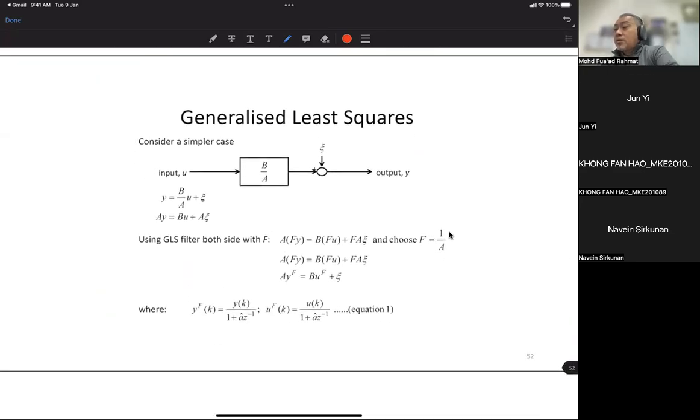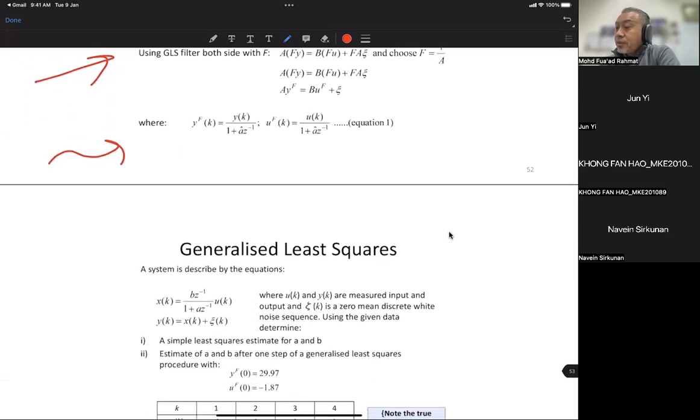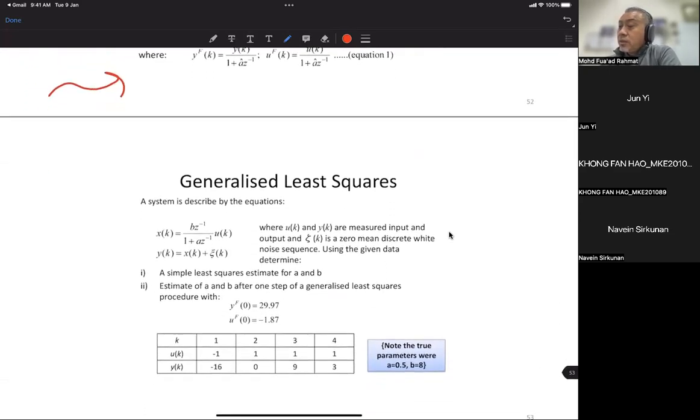So we consider a simpler case like this: y equals b divided by a times u, plus zeta. Using the GLS, generalized least square, filter both sides, so you get this equation number 1. From there we follow the example here, where you are given uk and yk, the input and output measurements, and zeta k is a zero mean discrete white noise sequence.